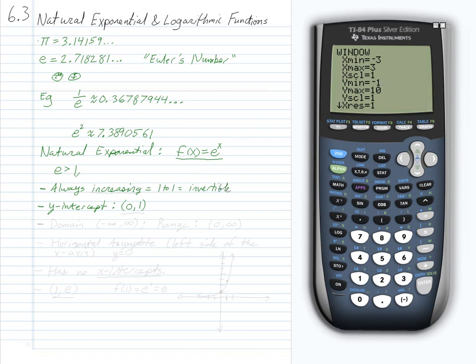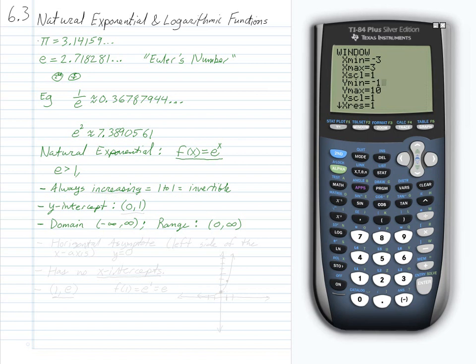We know that these functions have a domain of all real numbers, negative infinity to infinity, and a range from 0 to infinity, not including 0.